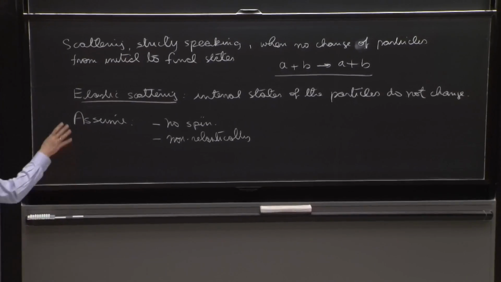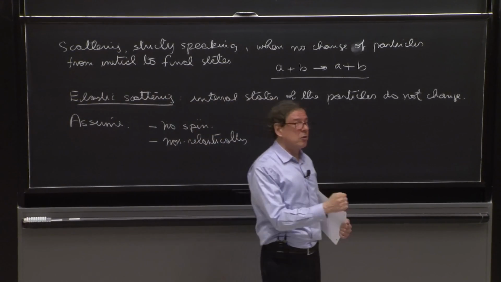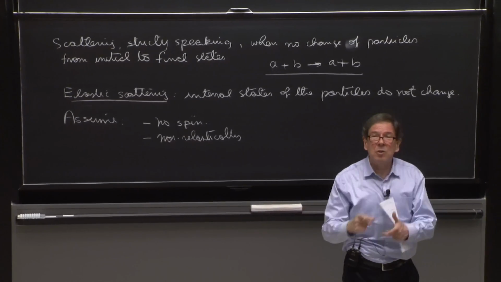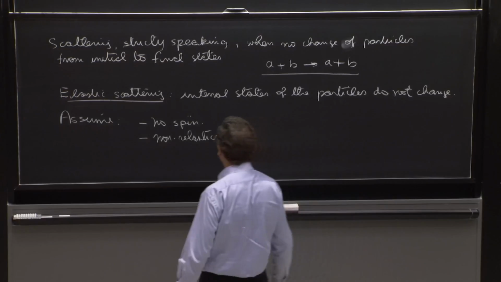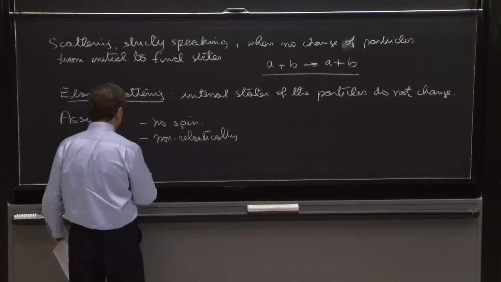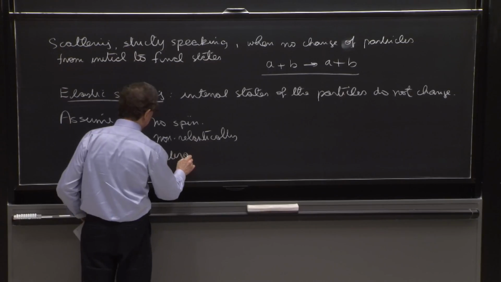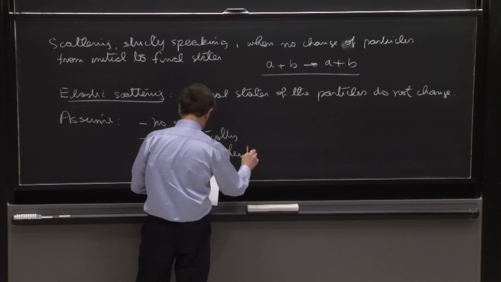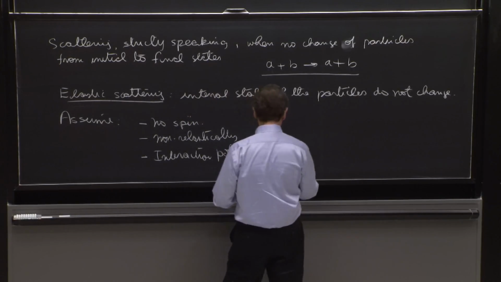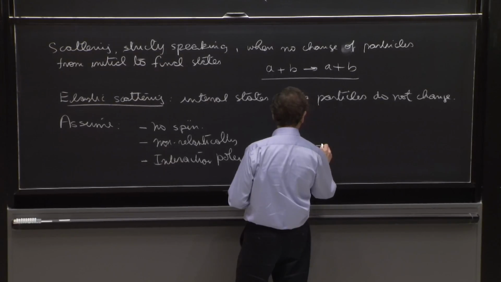Moreover, we will assume there are interactions between the particles that produce the scattering, and those interactions are simple enough that they just depend on the difference of position. So the interactions, potentials, are of the form V of r1 minus r2.